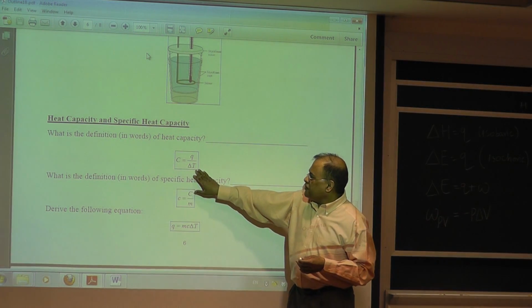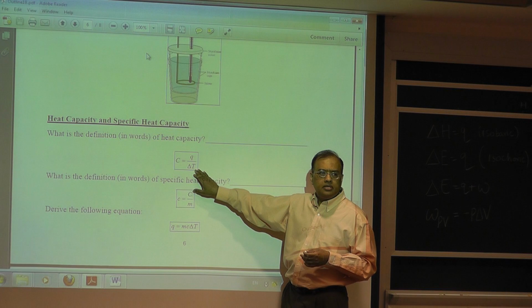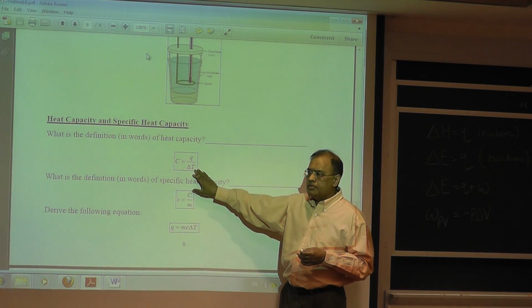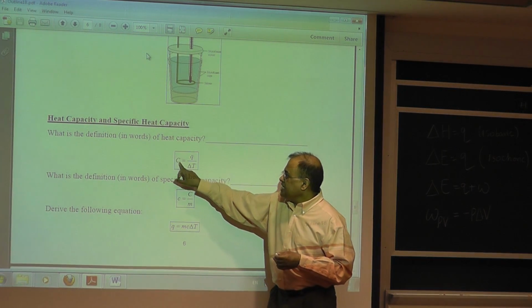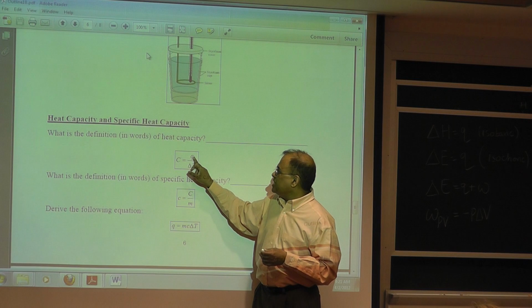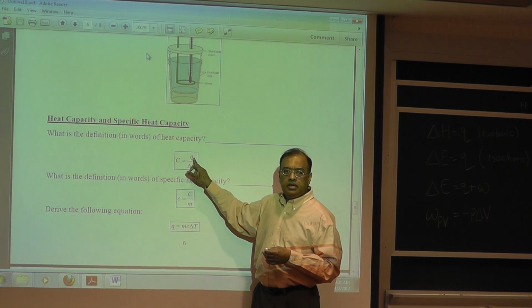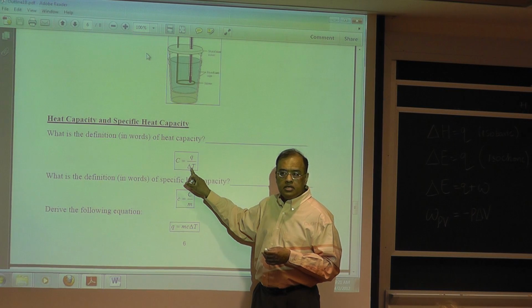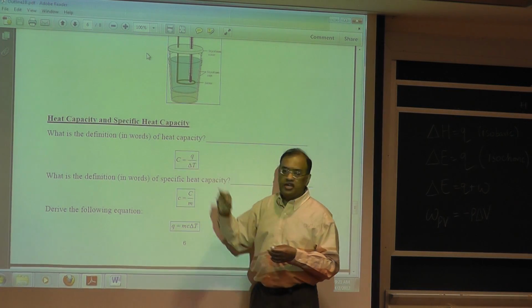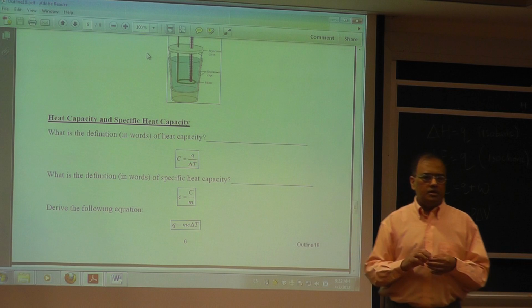Here is the definition of heat capacity. Can you put this definition in words? So, capital C is the heat capacity. What is Q? Heat. Delta T is change in temperature. So how would you define heat capacity?